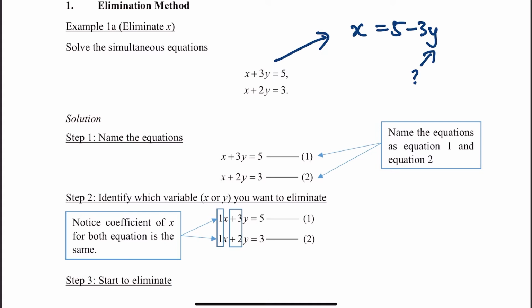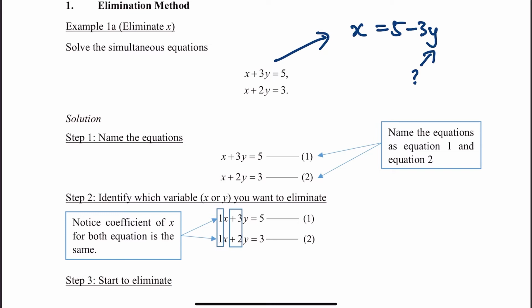So in general, this is what simultaneous equations mean. I'm solving two equations, or sometimes more, simultaneously so that I can find the variables in the equations. If there are two variables, we need at least two equations. Three variables, at least three equations, and so on.